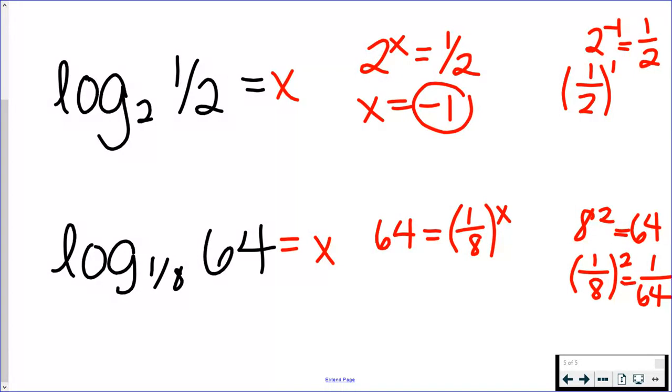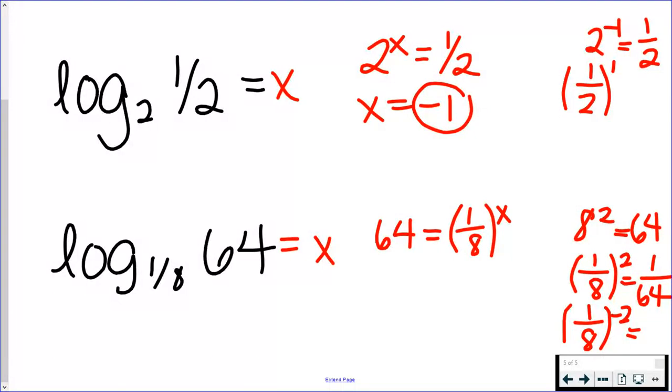So in order to have it flip and become 64/1, I can use a negative exponent because the negative exponent turns it into 8/1 instead of 1/8.